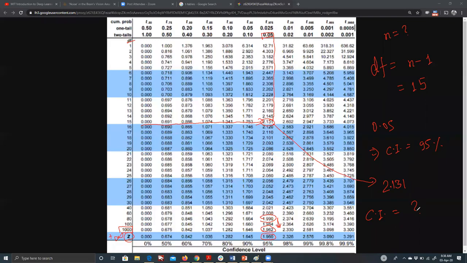And the range is? Actually, 95% should be just said, I think, confidence. If I said something wrong, please pardon me. That would be just confidence. Confidence interval would be the range, mu plus minus error. So what is the error? Sorry, what is the confidence interval exactly for this?